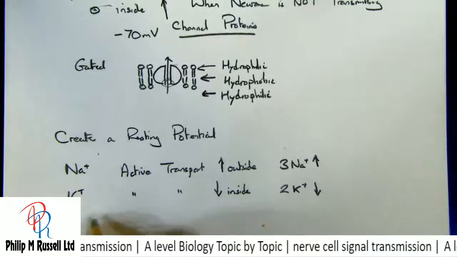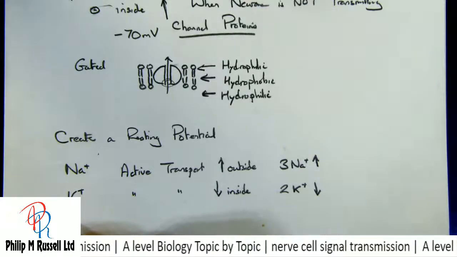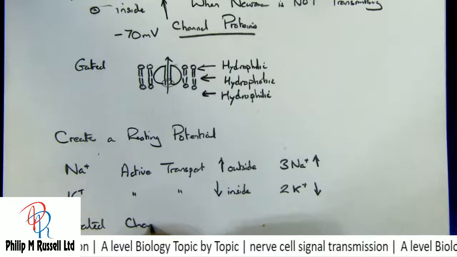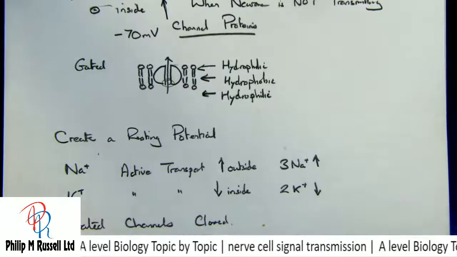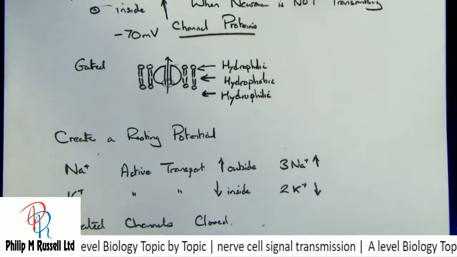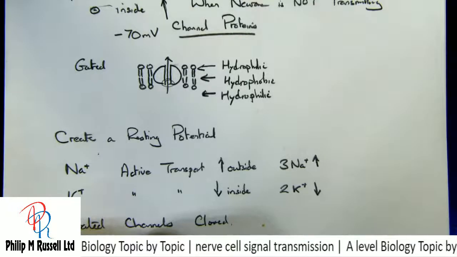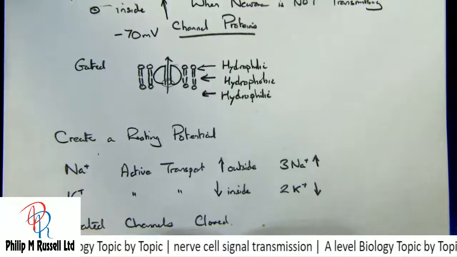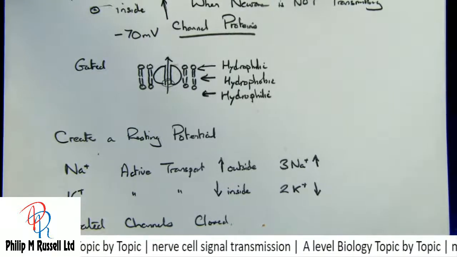So we've also got, basically, let's put them here. My gated channels here are closed, but we do have some diffusion. So we've got some potassium channels open. So what does this mean?